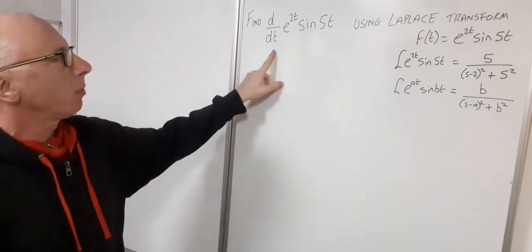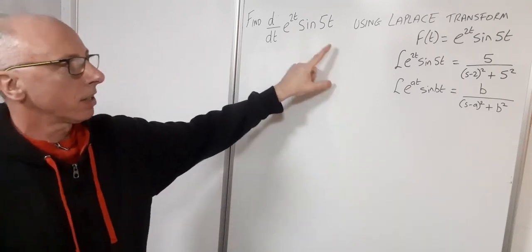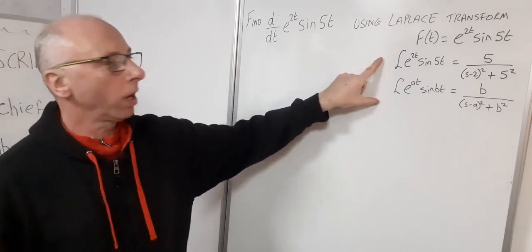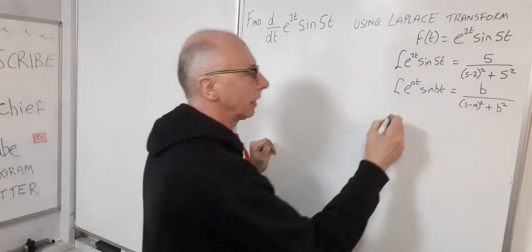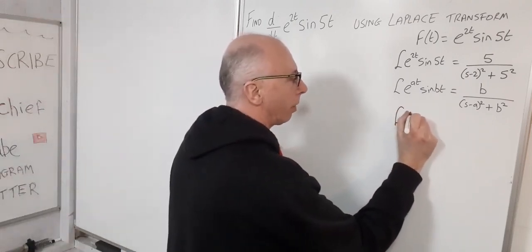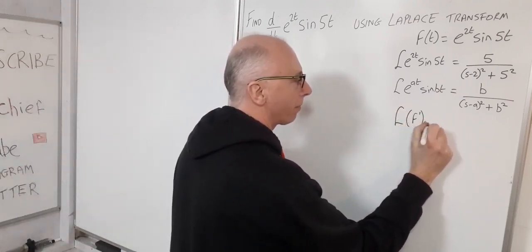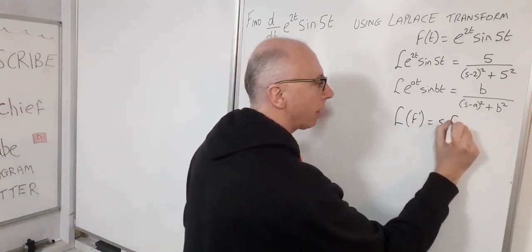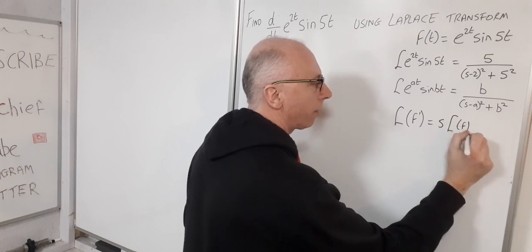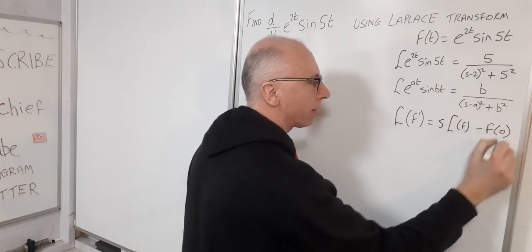Okay, now we need to find the derivative of this. So it's all well and good we got this, but there is a generic result for derivatives using Laplace. The Laplace of f prime comes about by having s times the Laplace of f, minus f at 0.